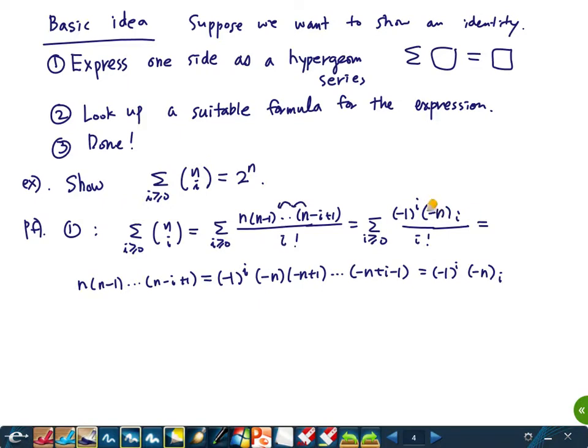We have one thing here, nothing here, so it's 1F0, with minus n, and nothing, and z is minus 1 in this case. So we expressed this as a hypergeometric series. So the first step is done.